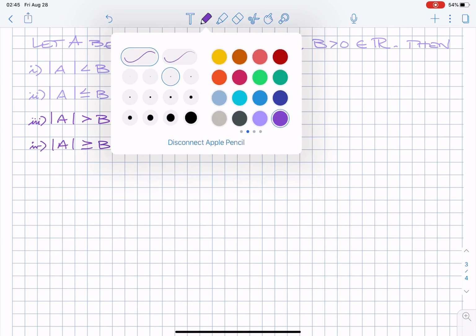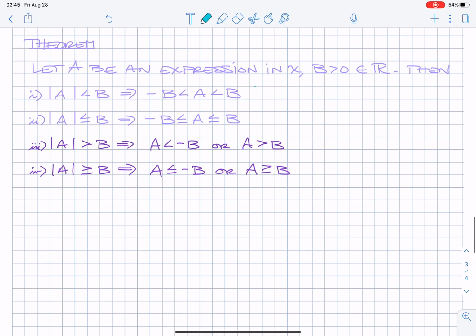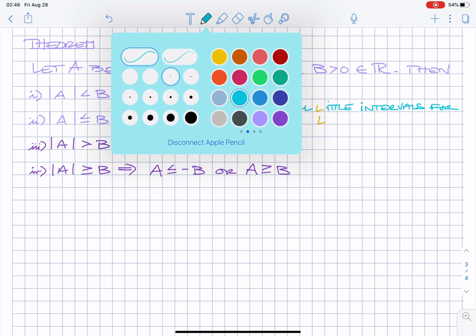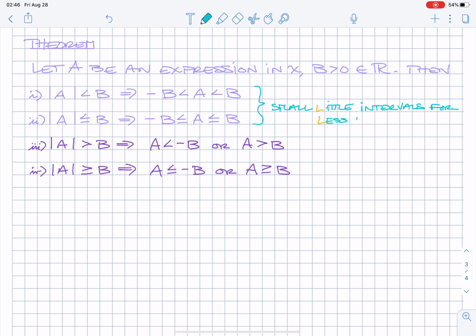Okay, so let's note something about these. These two are small, little intervals for less than. So these are less than inequalities, and these are little intervals.